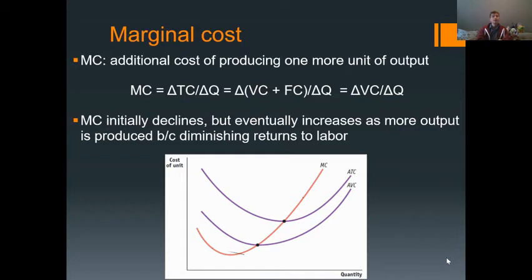Beyond that, you have diminishing returns. And once you have diminishing returns, that's when you're going to have your marginal cost increase. Now, it might seem like a small bit to talk about, but it actually shows up kind of frequently on the AP test. So if you ever need to determine where diminishing marginal returns set in, it's always where marginal cost begins increasing. That's an important thing to keep in mind.